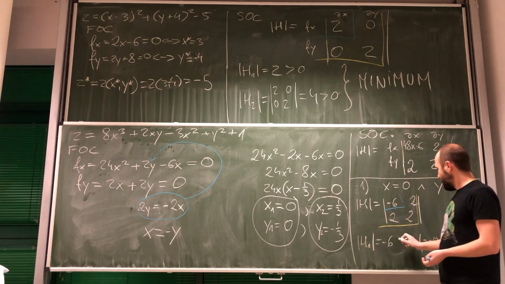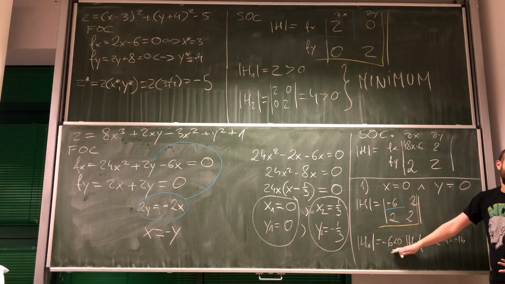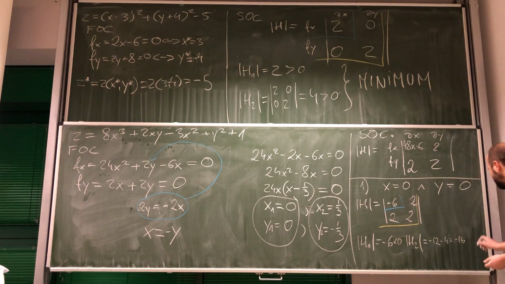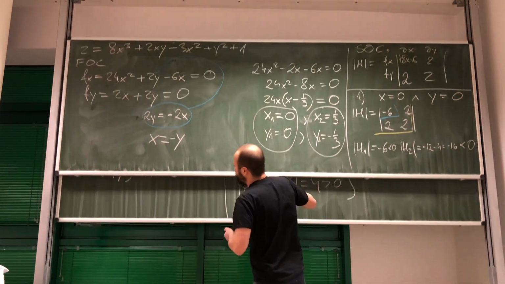And look, this could actually give us a potential candidate for a maximum, but because the second principal minor is lower than 0, this is not a minimum nor a maximum. Actually, this is going to be an inflection point. But look, we are not going to talk about inflection points.